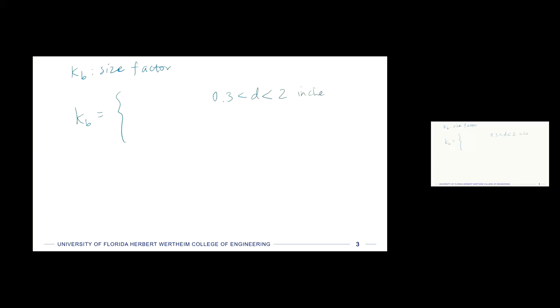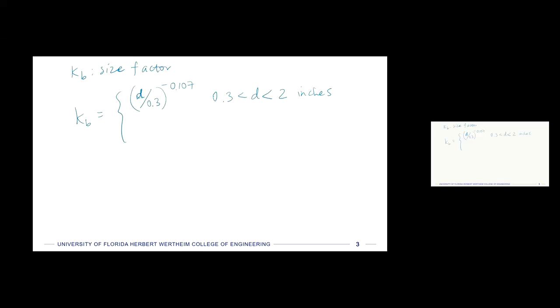So if your shaft is less than 2 inches in diameter, so on the smaller end, then you have a KB factor of whatever that diameter is divided by about 0.3, and then to a power of minus 0.107. So you can tell that these are empirical equations. They came from experiments because they have these exponents that are not whole numbers.